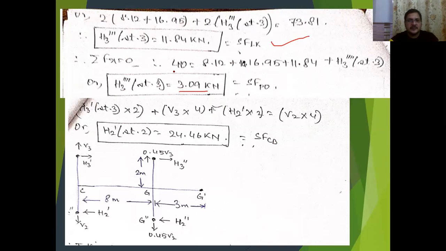We will just subtract 40 minus 8.12 plus 16.95 plus 11.84. Okay. For the last, to calculate the shear force in the last column, we will just subtract from 40, because 40 is the only existing lateral force.